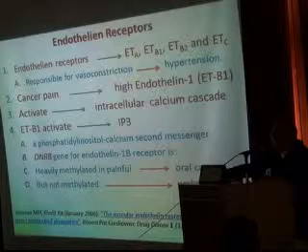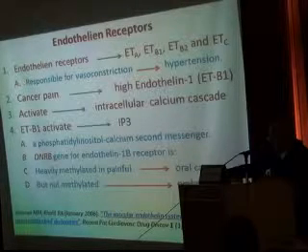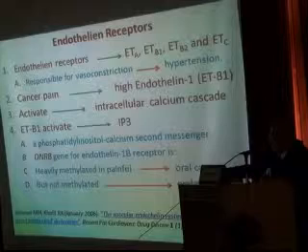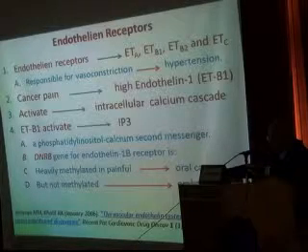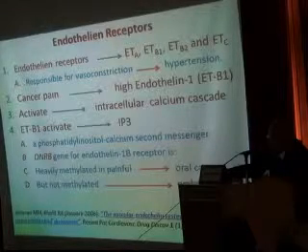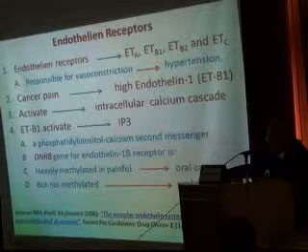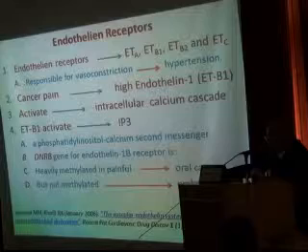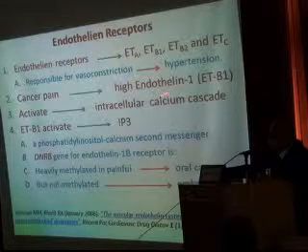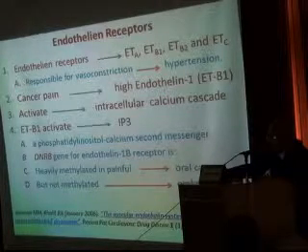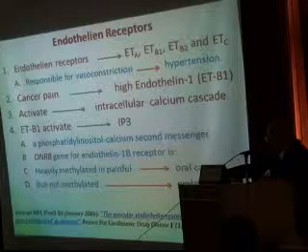The last one is the endothelin receptors. They are present actually in so many subtypes, and also more and more receptors, and they are originally responsible for the production of essential hypertension. But they found that endothelin 1 is present in high concentration in methylated form in cases of oral carcinoma.